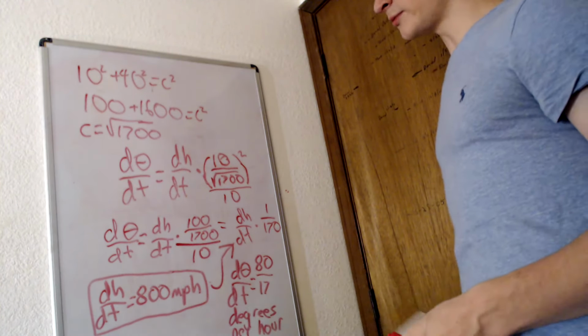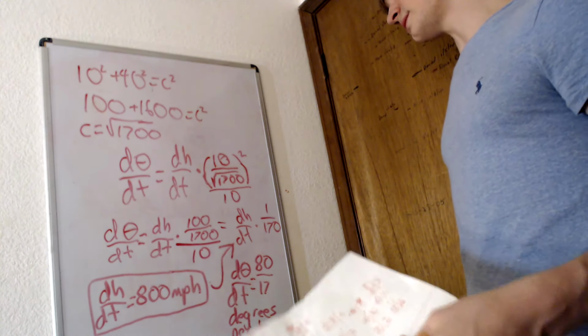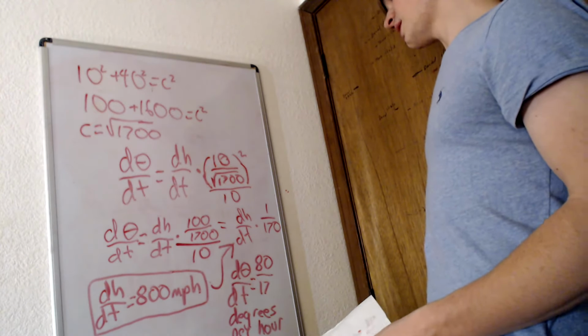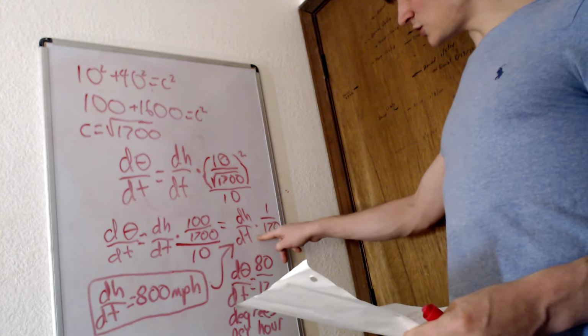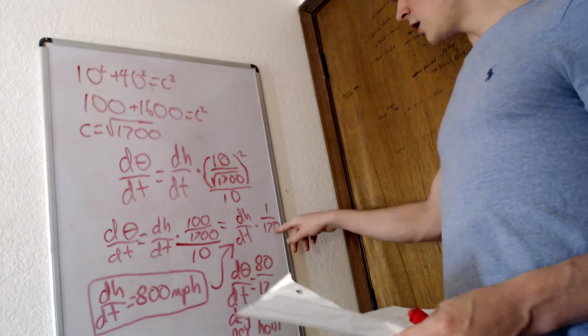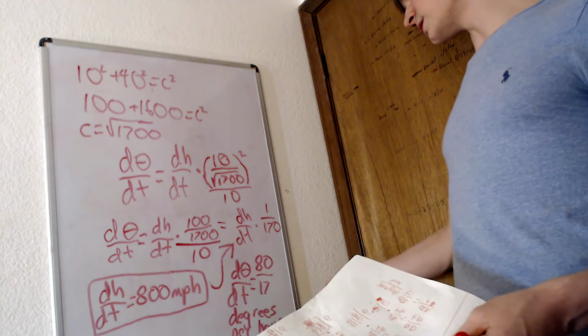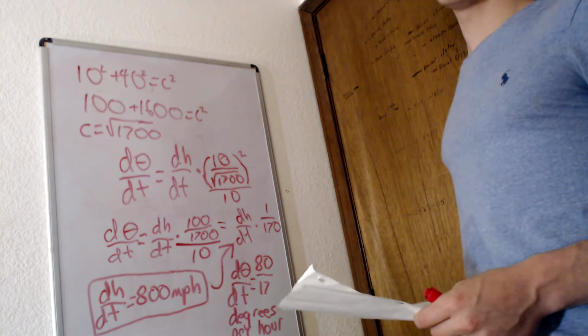Then if we remember from the beginning of this problem, the derivative of height with respect to time is the rate at which the rocket is traveling, which is 800 miles per hour. So we can plug in dh over dt is 800. So 1 over 170 times 800 is 800 over 170, which is 80 over 17 degrees per hour.